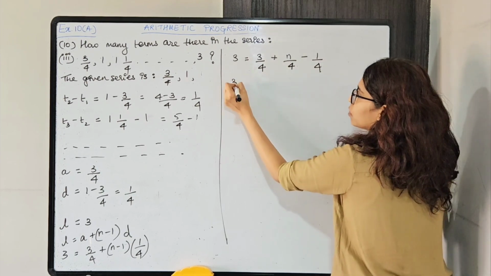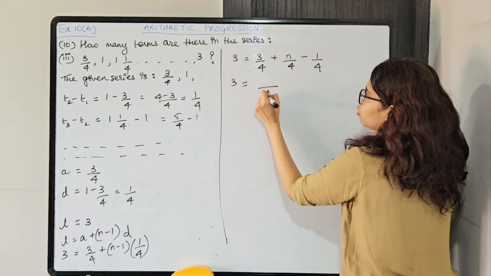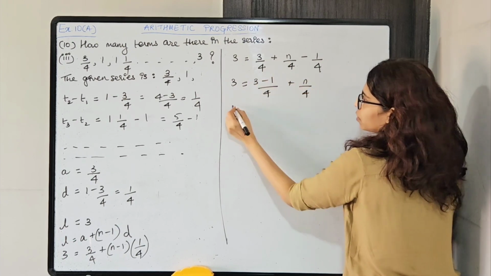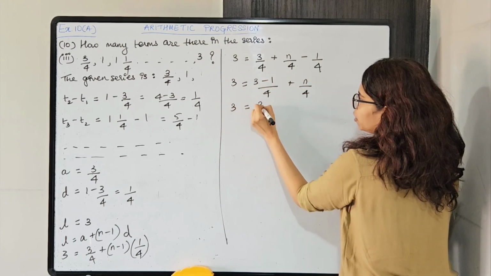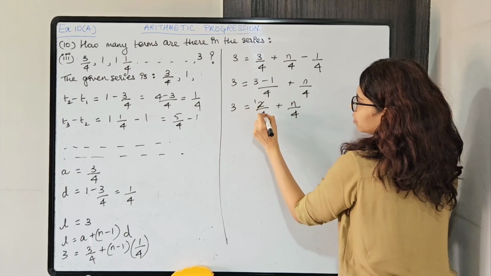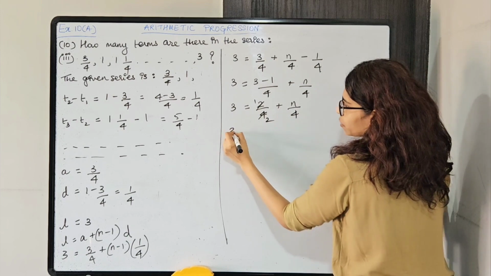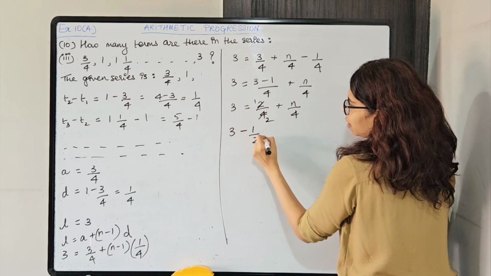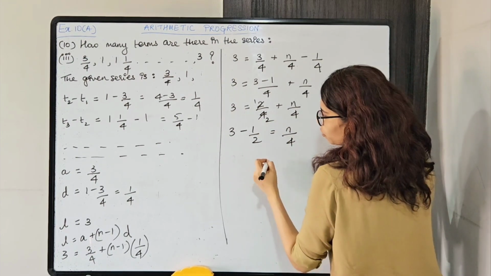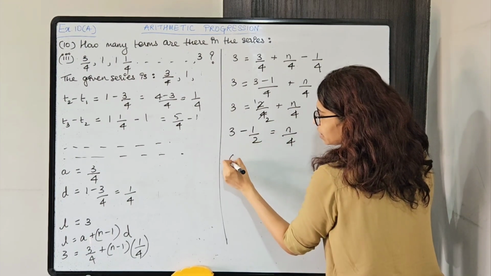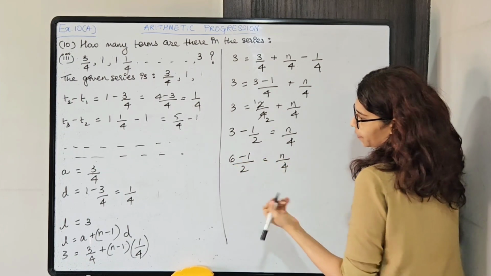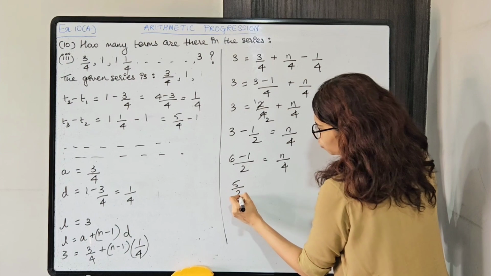Okay, so taking common denominator, 3 minus 1 हो जाएगा plus n/4, so that will be 2/4 plus n/4, ये half हो गया. Okay, so 3 minus half is equal to n/4. All right, so 3 2s are 6 minus 1 upon 2 is equal to n/4. So this will be 5/2.